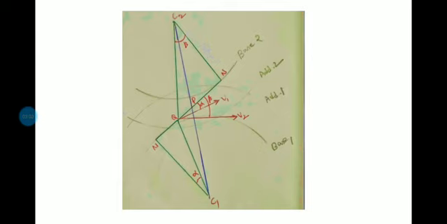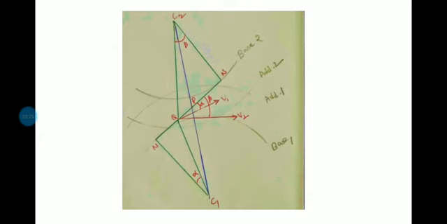Then you write: let Q be the point of contact of two teeth at the given instant. Now mark a point Q between points M and P. You have to represent P also.